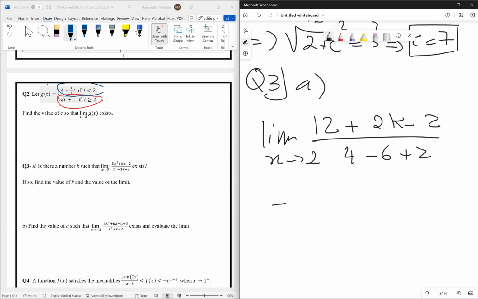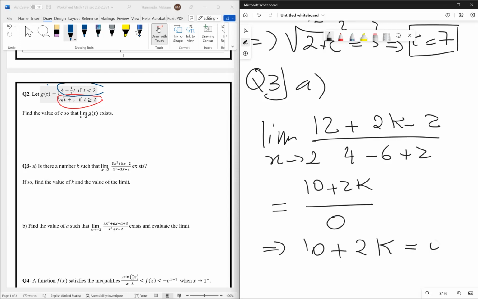So I will get basically 0 in the denominator and 10 plus 2k in the numerator. To make a hope for the limit to exist, we should have 10 plus 2k is equal to 0.